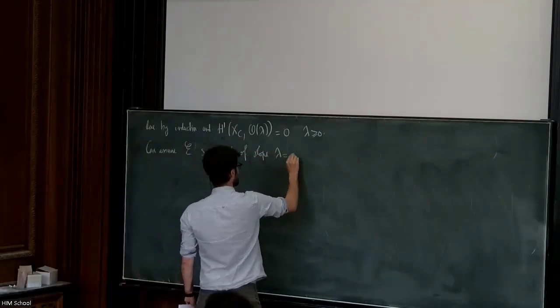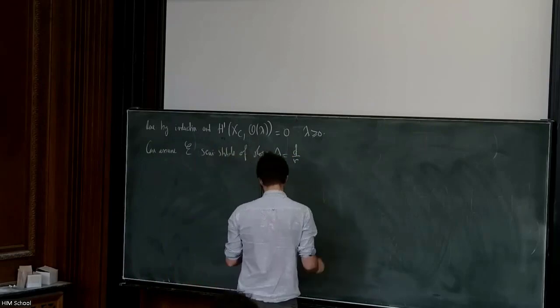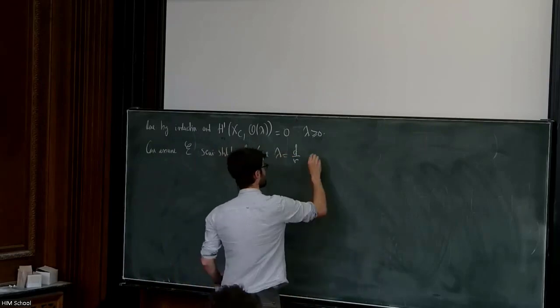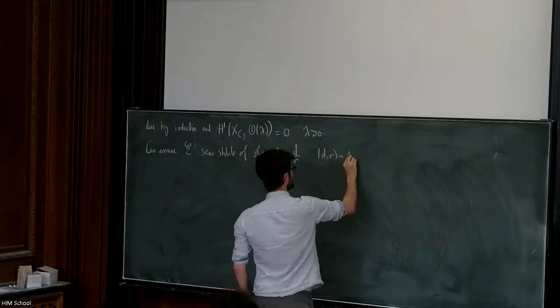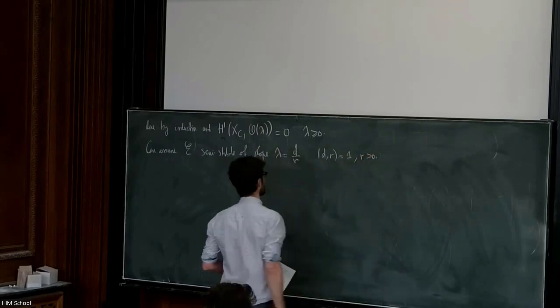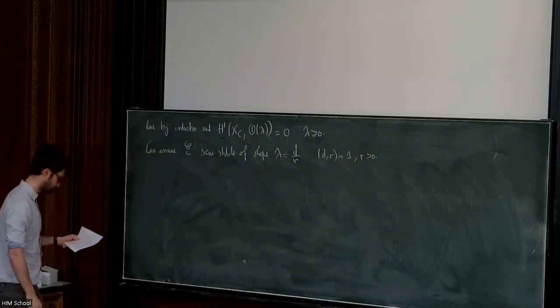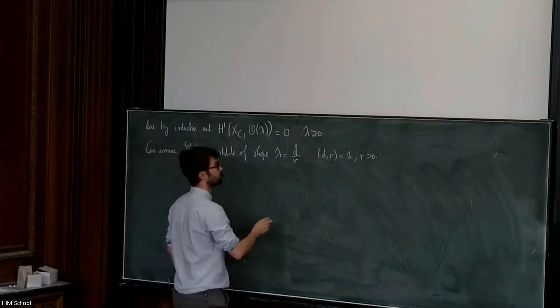And let me write lambda as D over R, where, as usual, D and R are co-prime, and R is assumed to be positive.